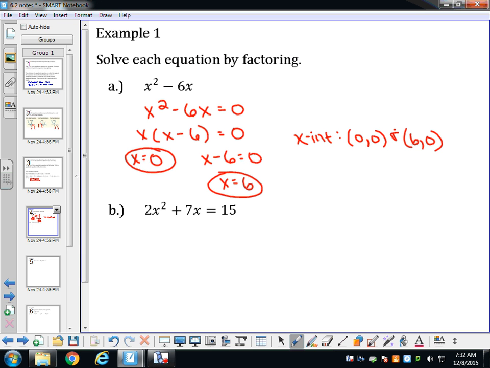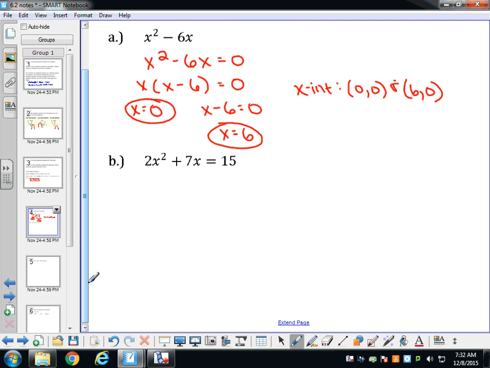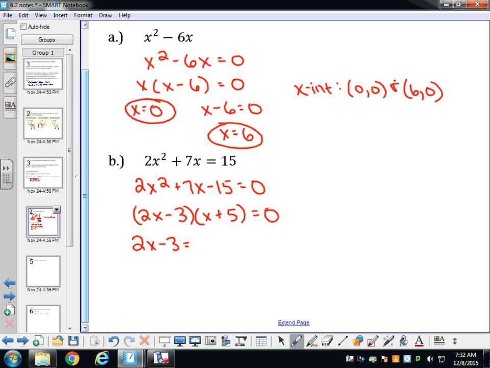Now in part B, I would first want to move the 15 over. Then I want to factor, and it factors into (2x minus 3)(x plus 5). Then set each of these binomials equal to 0.